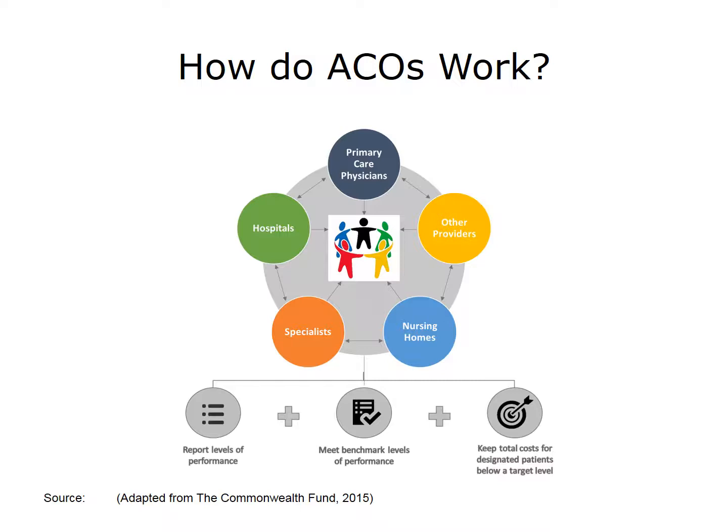These organizations come together and agree to report and share data on quality metrics and financial performance. In an ACO, these providers jointly set benchmark levels of performance and target levels of spending or costs. Then, the ACO members together must meet benchmark levels of performance and keep the total cost of care below the target level.